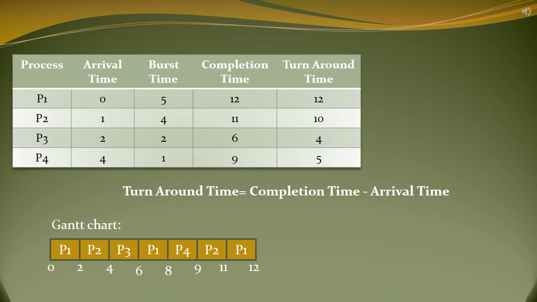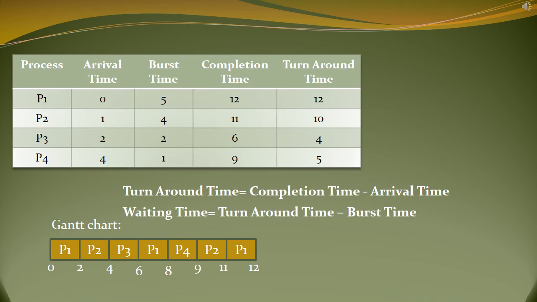And for the process P2, the turnaround time will be 11 minus 1 equal to 10. And for process P3, it will be 6 minus 2 equal to 4. And for the process P4 it is 9 minus 4 equal to 5. So the turnaround time for the process P1 is 12, P2 is 10, for the process P3 it is 4, and for process P4 it is 5.